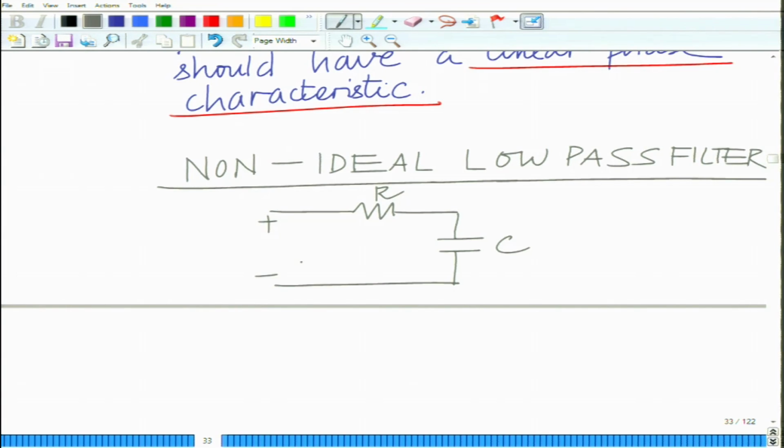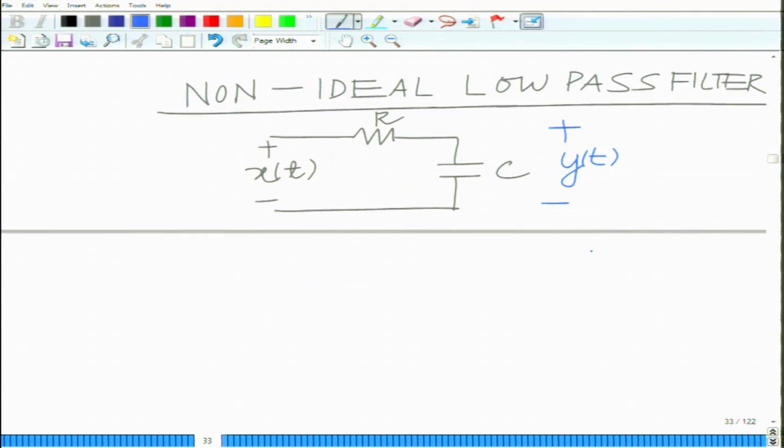So, let us say x(t) is the input voltage, y(t) is the output voltage. Let us look at the relation between x(t) and y(t).